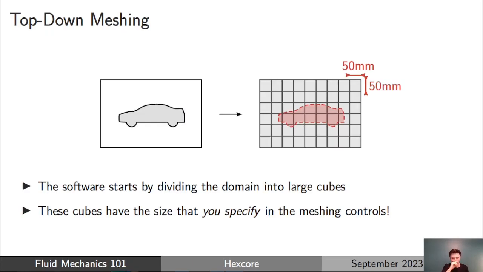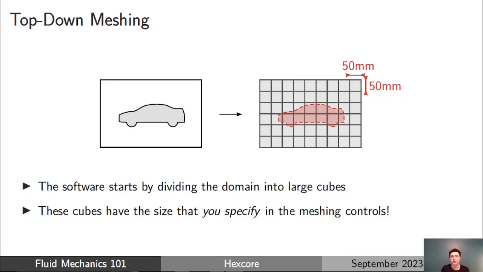What does that mean? Well, if you take the example of airflow over a car or another vehicle, then your CFD domain will typically look like a box with your aerodynamic object in the center. And what the Hexcore approach will do is start by dividing the entire domain into the large cubes. So remember, in your Hexcore approach, you've got a hierarchy of sizes down from your largest cells all the way down to your smallest cubes.